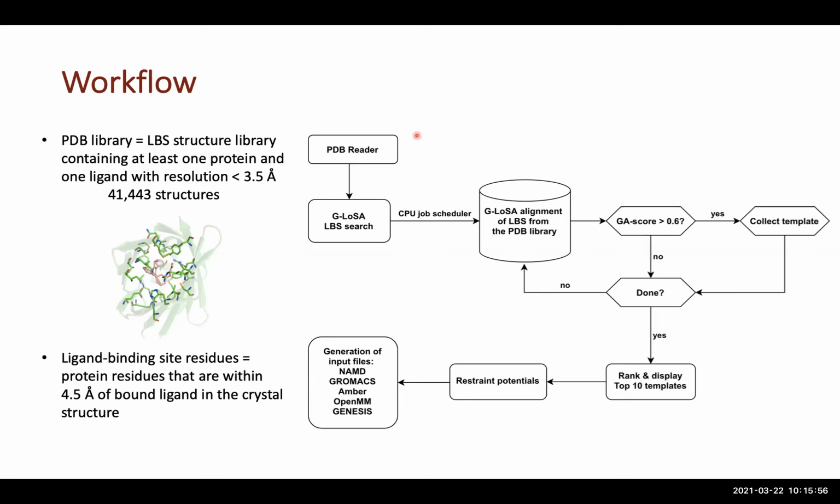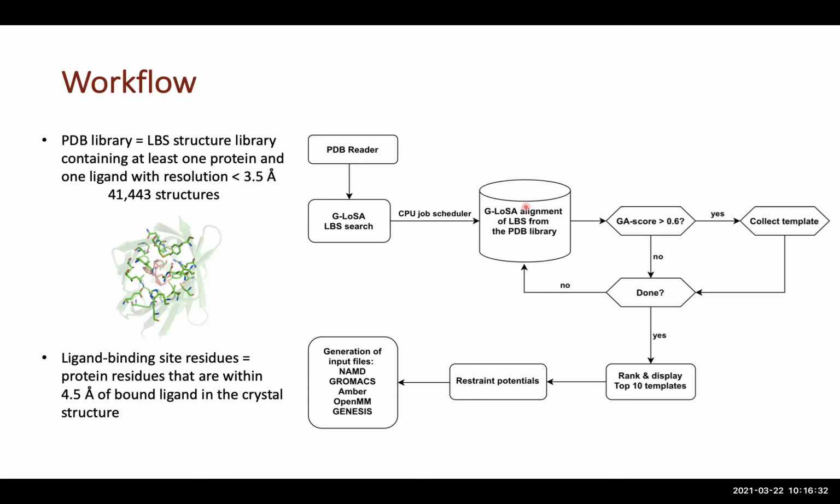Here, you can submit a protein that can either be a computationally predicted protein structure, a homology model, or an APO structure. When you submit the structure, it will be processed through PDB Reader to prepare the structure for GeoLoSA search. Since GeoLoSA search is a computationally intensive procedure, since we have to align more than 41,000 structures on your query protein, this job is submitted to a CPU job scheduler.